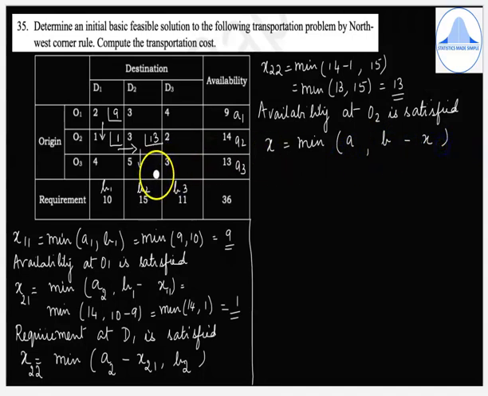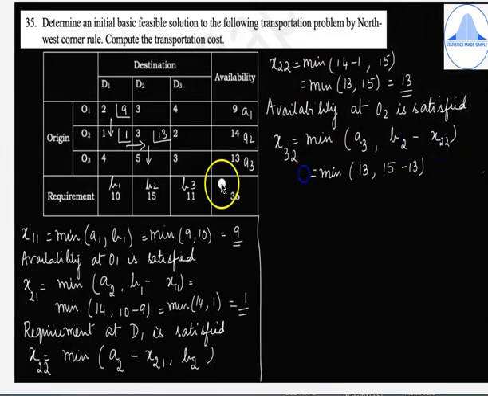So this particular cell is 32. So x32 is minimum of this 3 you write for A and 2 you write as a subscript for B. And this x will be the allocation which you found out, that is x22. So which is equal to minimum of 13 comma 15 minus 13, which is equal to minimum of 13 comma 2, which is equal to 2.